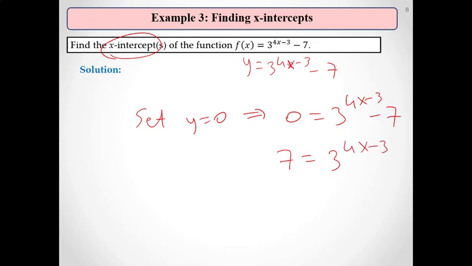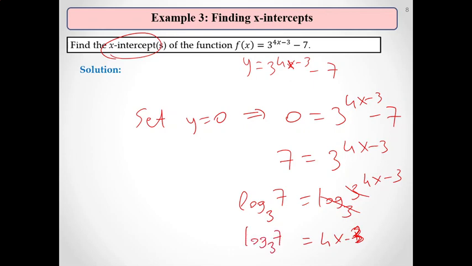Now what you can do here is take the log base 3 of both sides. And send this one to the other side as plus. So here we get this one plus 3 and divide by 4. So the x-intercept will be this number here.